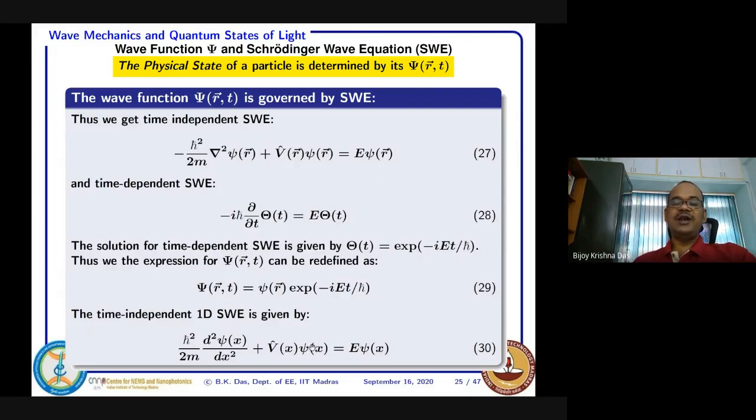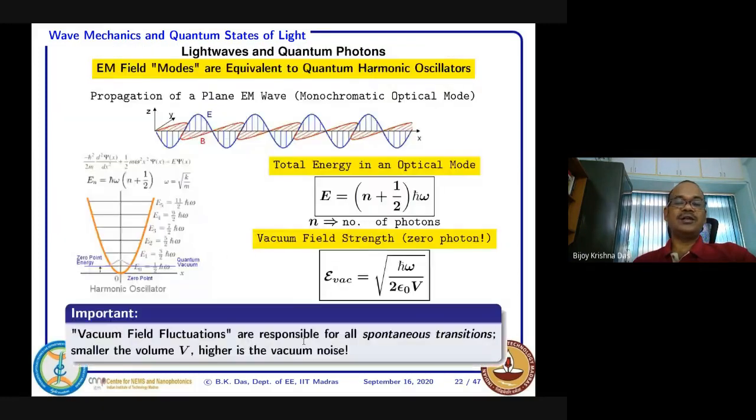E is the energy, and V(x) is the potential energy. If it is a simple harmonic oscillator, or the quantum particle is attached to a certain point with a spring constant, then the potential energy is half omega square x square. Then you can solve this to get what we have discussed here. This equation I have written here is actually shown there for the one-dimensional case.